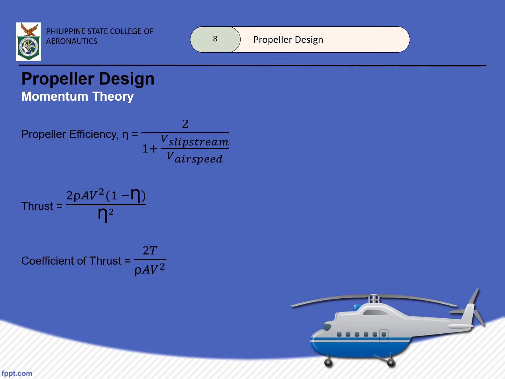So kindly take note of these formulas. Now, we would be proceeding sa ating sample problem para mas magets nyo kapag hinaharap na kayo ng problem. So, let's practice this out by using sample problems.